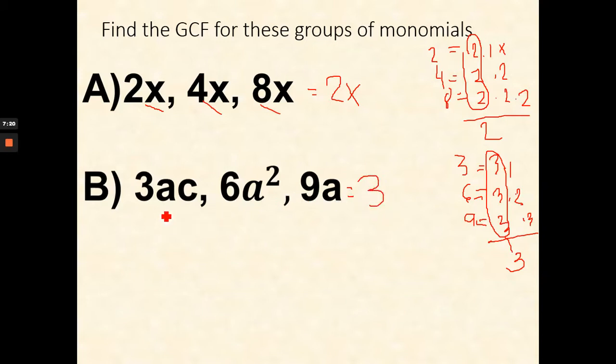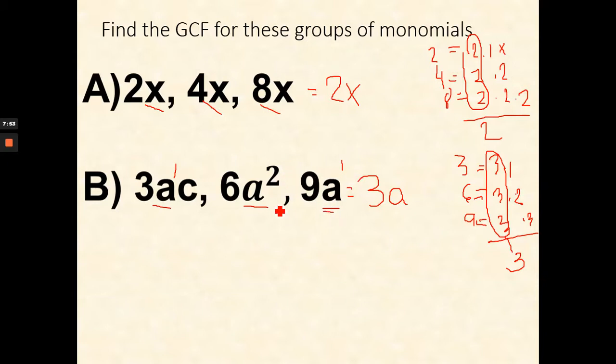How about the variables? We have a here. What is the exponent? 1. We have a here. What is the exponent? 2. We have a here. What is the exponent? 1. We have a in the first, the second, and the third term, so we can have a as a common factor. Now, you may be confused. The exponent here is 1, while here is 2, while here is 1.